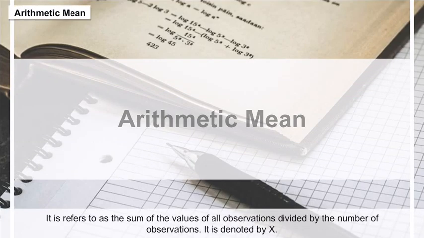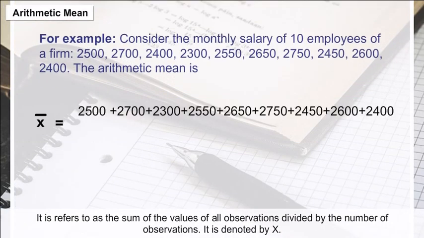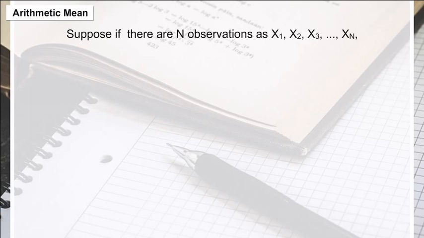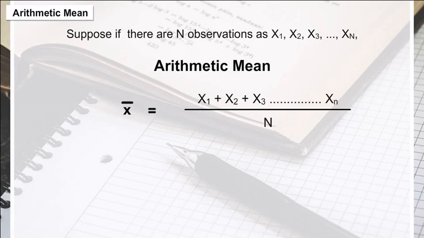Arithmetic mean. It refers to the sum of the values of all observations divided by the number of observations. It is denoted by x bar. Suppose there are n observations x1, x2, x3 and so on till xn, then the arithmetic mean is given by x bar equals x1 plus x2 plus x3 plus and so on till xn, upon n.